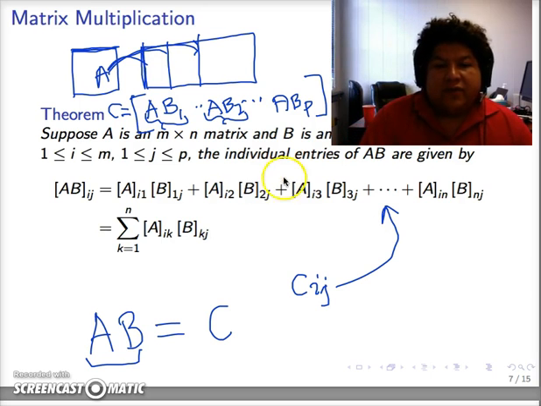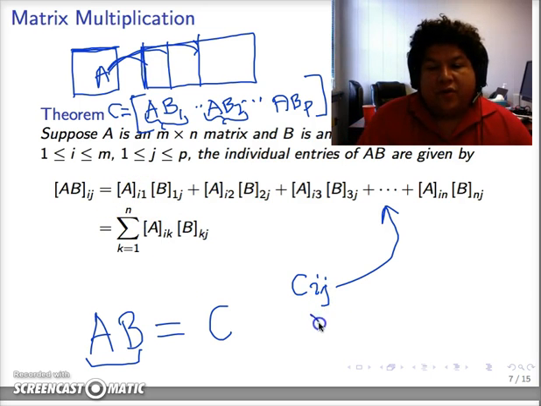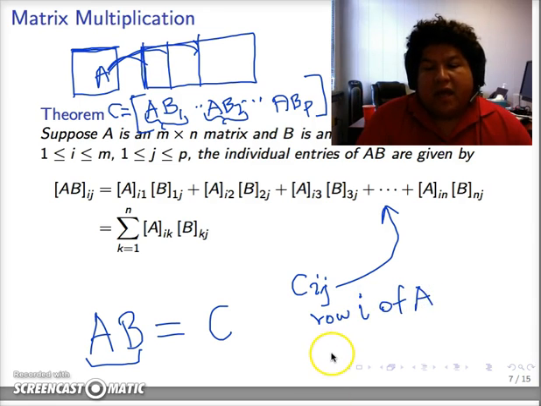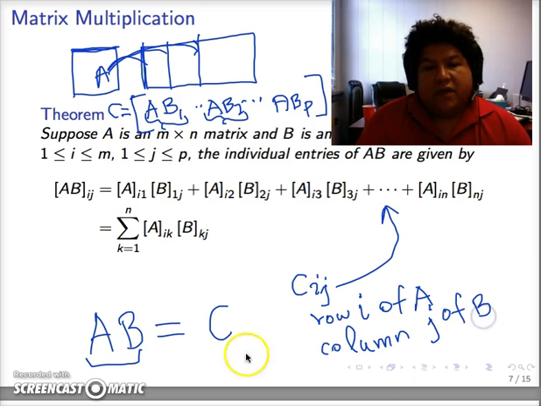It involves row I of A and column J of B. So look at these numbers: this is AI1, this is AI2, this is AI3, all the way through AIN, and each of them is multiplying a number in the jth column of the matrix on the right side of the product.